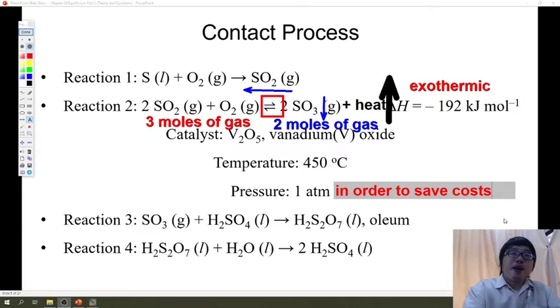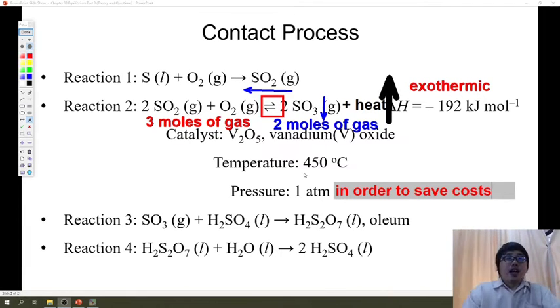In the Haber process for ammonia, the equilibrium actually lies more to the left, which means at equilibrium there are actually more reactants. So because of this, they have calculated that even with 1 atmospheric pressure, they will still get a lot of the products. Overall, they prefer to save cost.